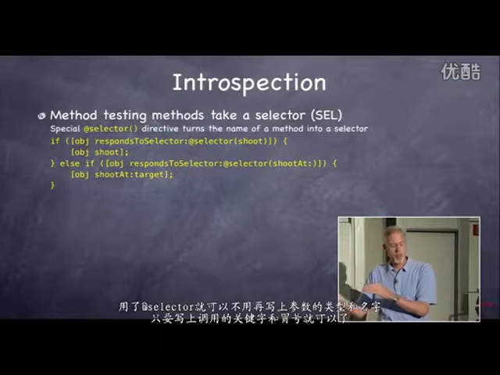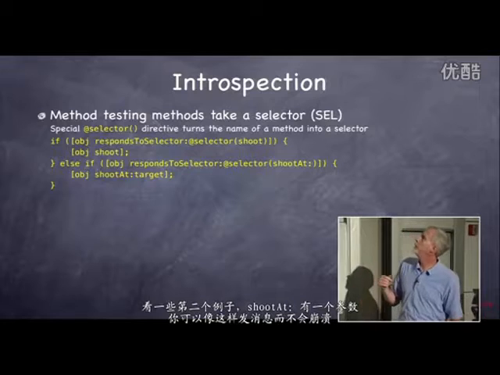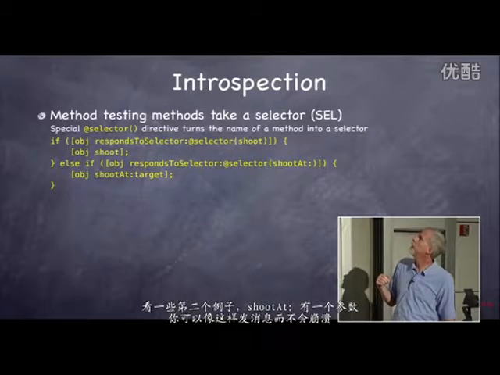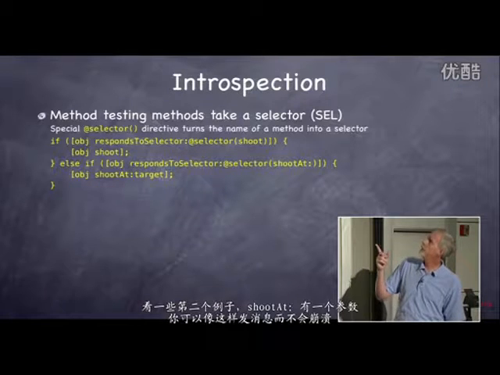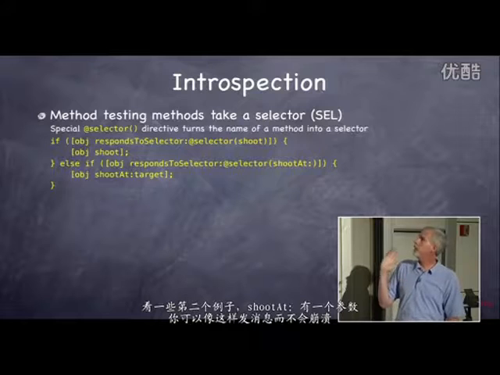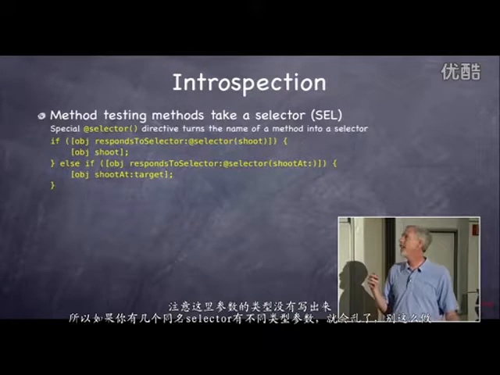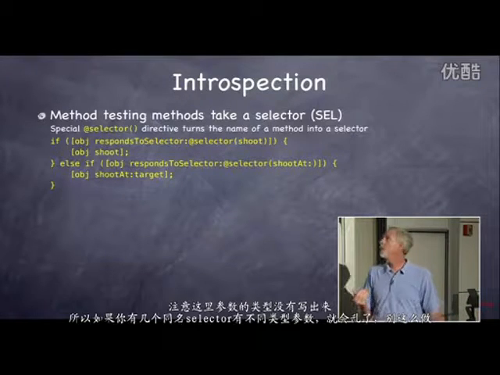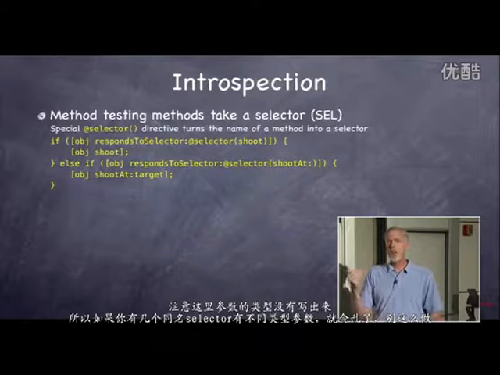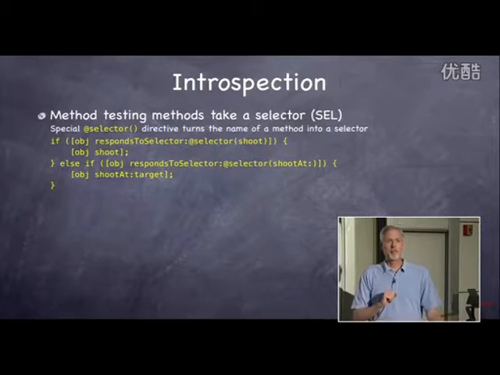So look at the second one, for example, shootAt: takes one argument, probably an object or something. But in any case, you see object respondsToSelector shootAt:. Then you can send that message and it won't crash. Notice that the types of the arguments are not encoded here in the @selector. So if you had the same selector that had different argument types, that could be a little bit of an issue, so don't do that.